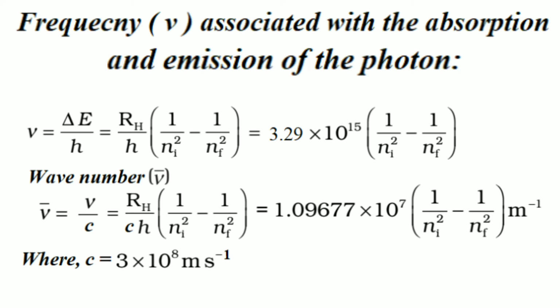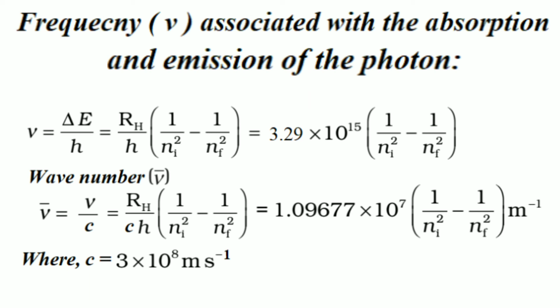As we know that the wave number is inversely proportional to the wavelength, and the wavelength we can calculate if we know the velocity and frequency, so finally we get nu bar is equal to nu upon c, where c is the velocity of light, that is 3 into 10 to the power 8 meter per second.